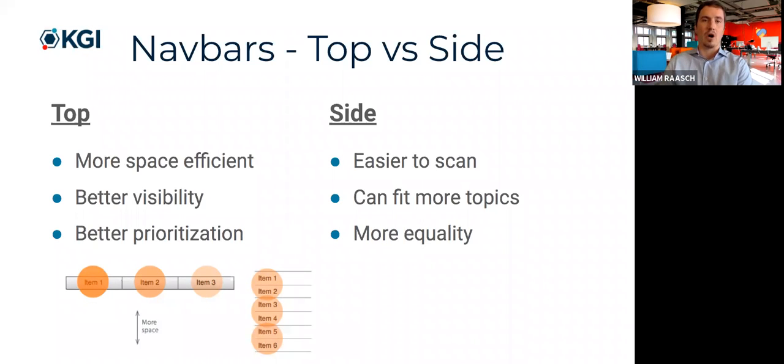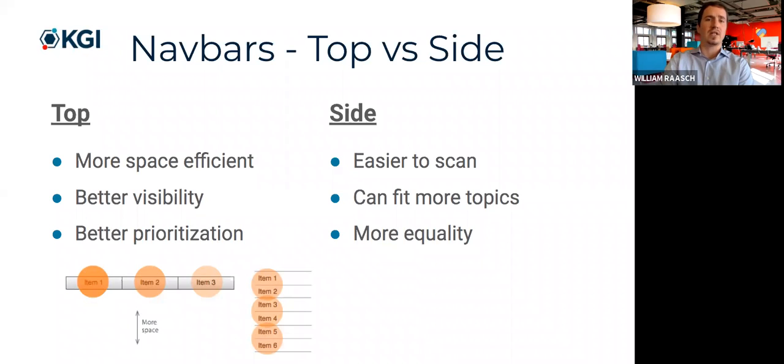The one thing that you always know a user is going to look at is that top bar all the way from left to right. So having a nav bar on the top is good for that. It also helps you prioritize because again, it's left to right. So whatever you really want them to click, you can put on the left, and whatever you feel is less of a priority, you can have more towards the right.